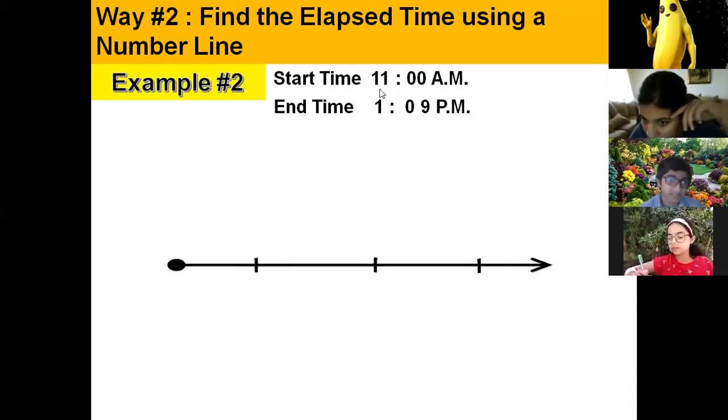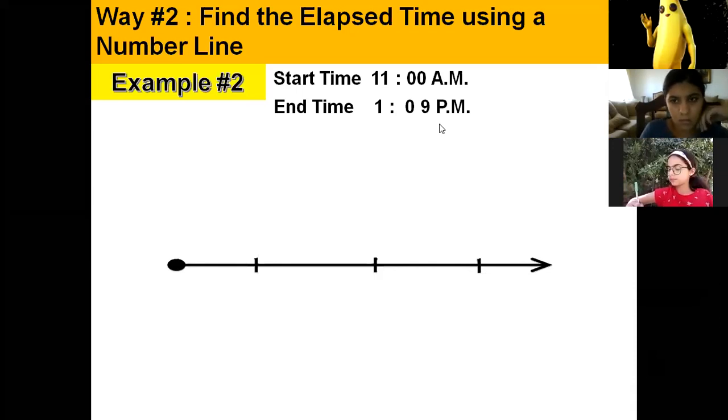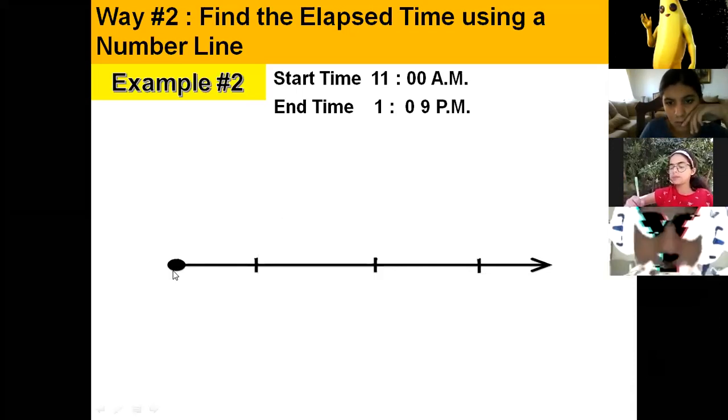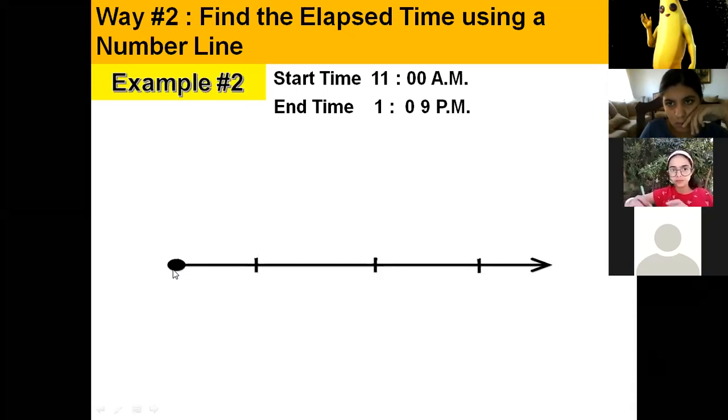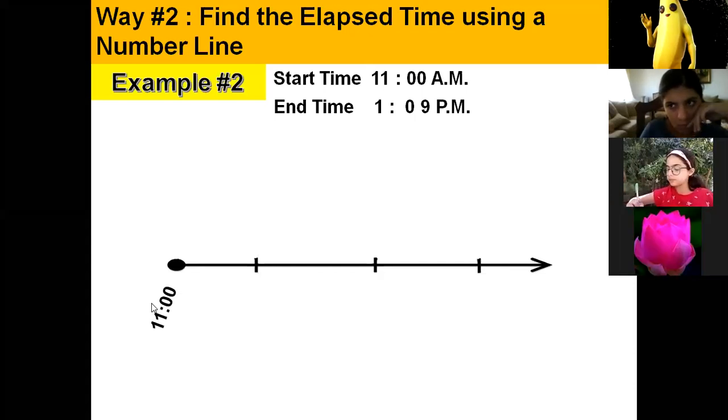The starting time is 11 a.m. The ending time is 1:09 p.m. So what do we start with on the number line? The starting time, which is what? 11 a.m. This is it. What do we skip counting by here?